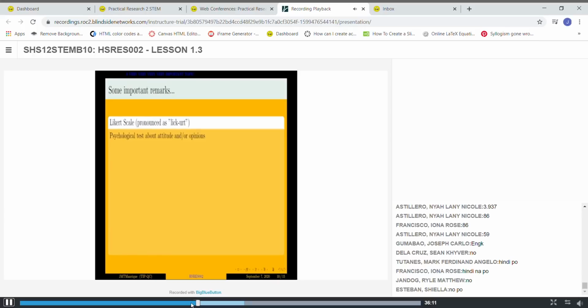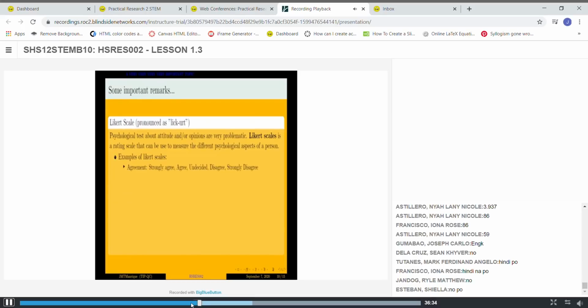Now, psychological tests about attitude or opinions are very problematic. Ginagamit natin yung Likert scale to measure different psychological aspect of a person. Halimbawa, let's say the psychological aspect is about agreement.